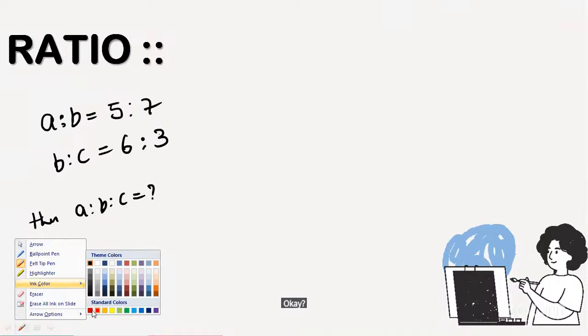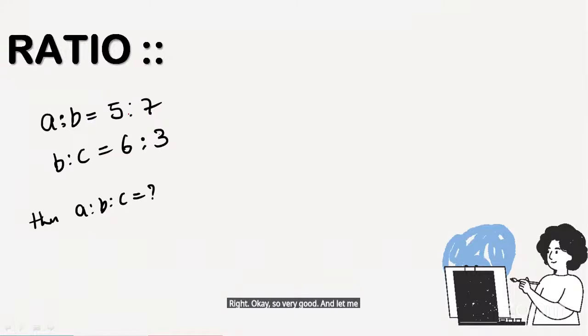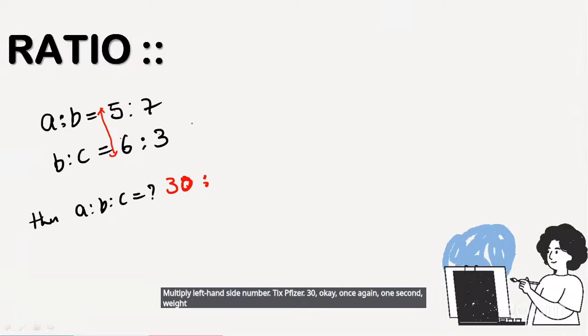Okay, very good, let me check. If you want to find the A value, multiply the left hand side numbers: 6 5s are 30. If you want to find the C value, multiply the right hand side numbers: 7 3s are 21.